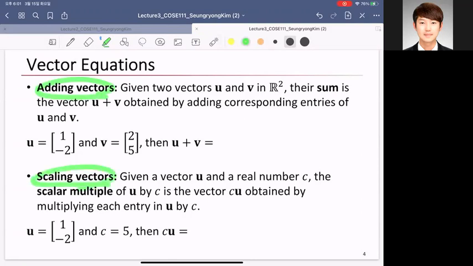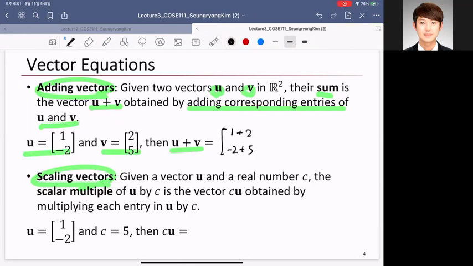Given two vectors u and v in R2, their sum is the vector u plus v, obtained by adding corresponding entries of u and v. For example, with u = (1, -2) and v = (2, 5), u plus v is the sum of each element: 1 plus 2, -2 plus 5, so u plus v is equal to (3, 3).